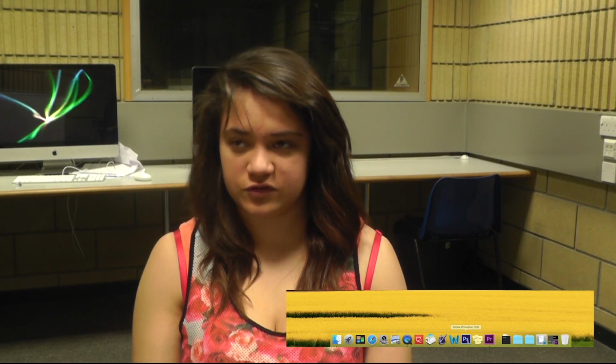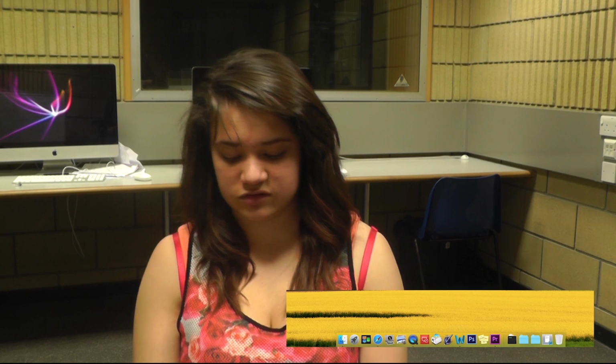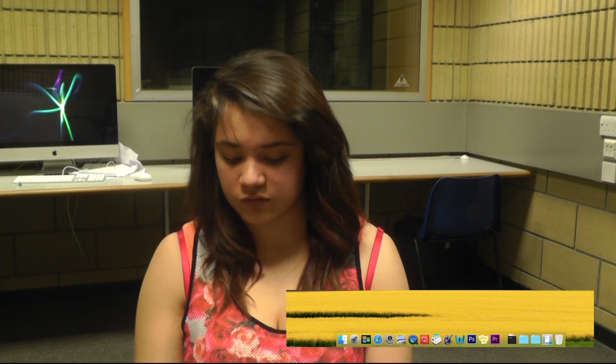The good points and the bad points on the iMac computers are, well, the good points are there's lots of different programs that we can use, so there's lots of variation of work style, but they can be complicated to use if you do not use Apple products on a daily basis because they're quite advanced.